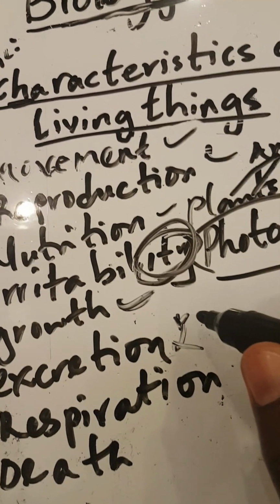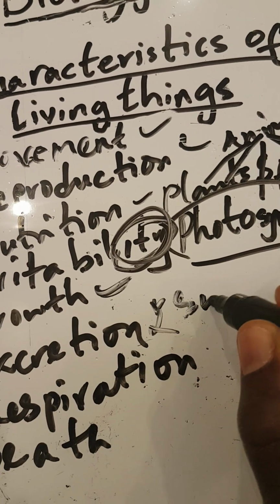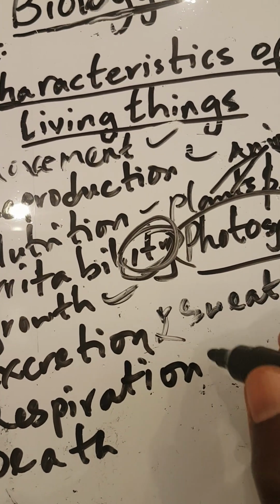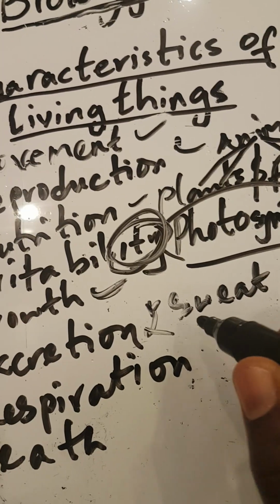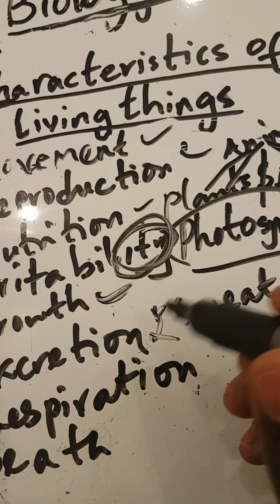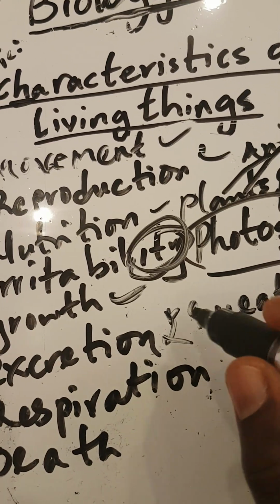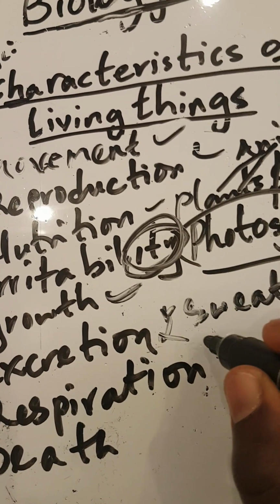They can excrete what we call sweat through the skin. We have skin sweat pores. It's very tiny holes on our skin. So when maybe we run or there's heat, the sweat comes out. That's what we call excretion, because the body doesn't need it. We also have what we call feces.